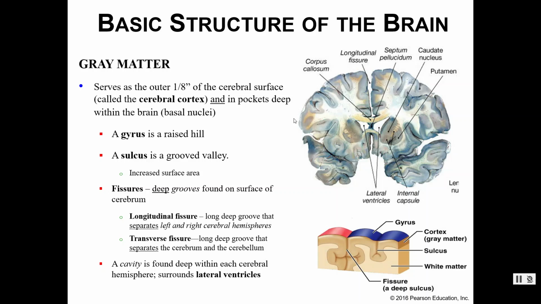Now, we do have two really large, deep grooves. These are called fissures. We've got one right now in the center. This is your longitudinal fissure. This separates your left and right cerebral hemispheres, so we can literally chop your brain in half, basically. And then you have a transverse fissure that separates the cerebrum and the cerebellum. Now, we can't see that in this picture. Let me see.